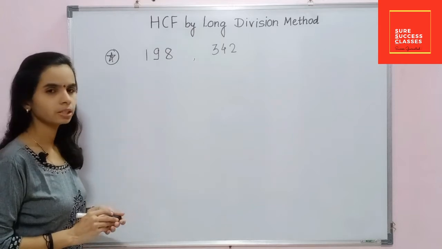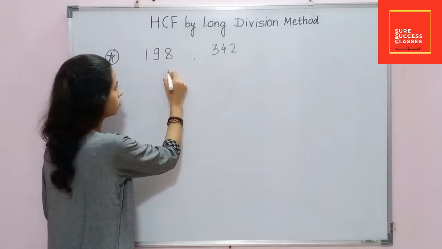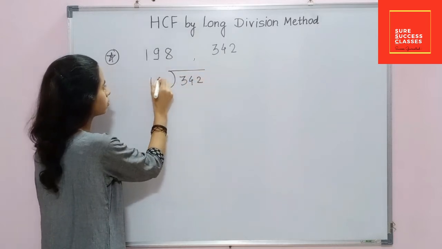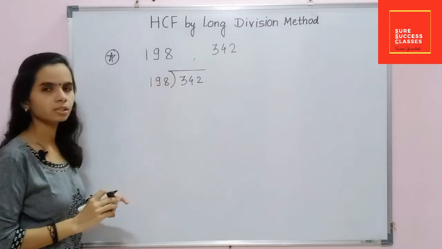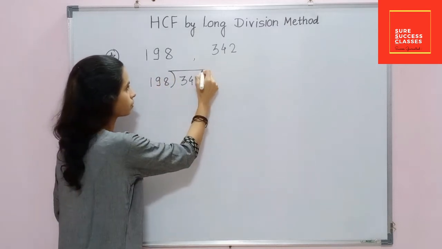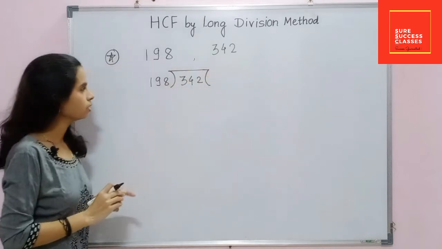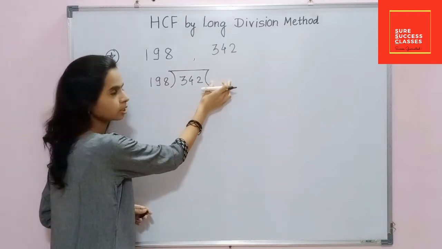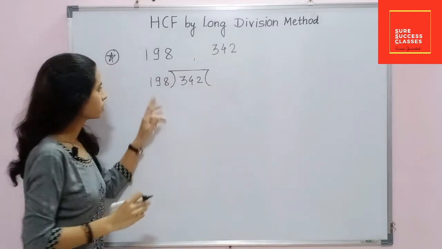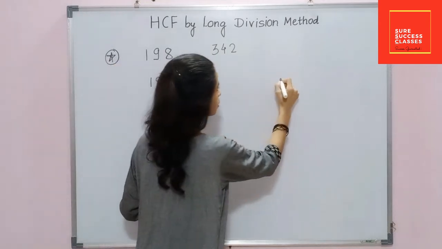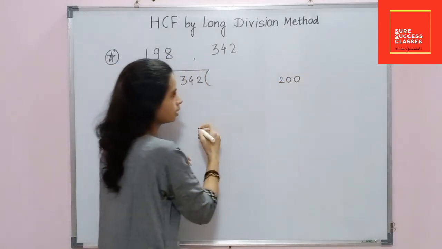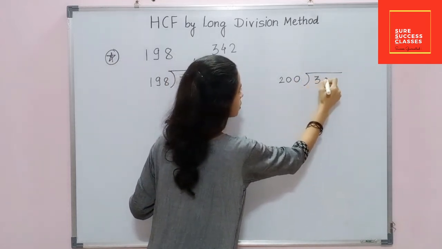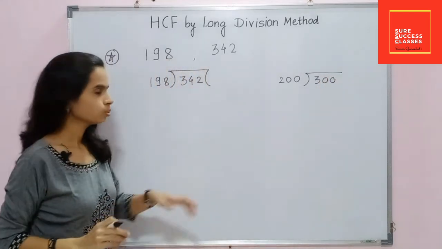Similarly, we will find out the SCF of these numbers. Again, we will divide this 342 by 198. This is the greater number and this is the smaller number. If we write the quotient here, we will get confused, so we will write the quotient at this place. 198 rounds off to 200 and 342 is nearer to 300.